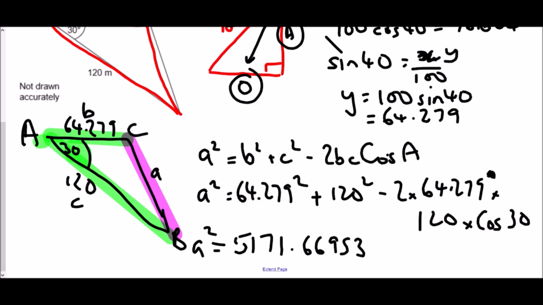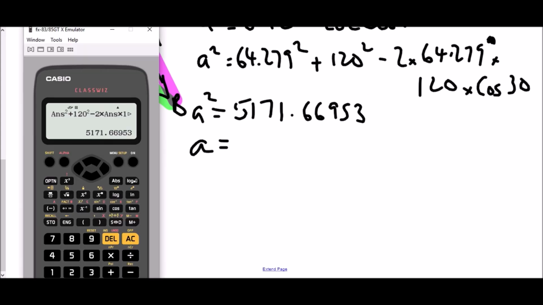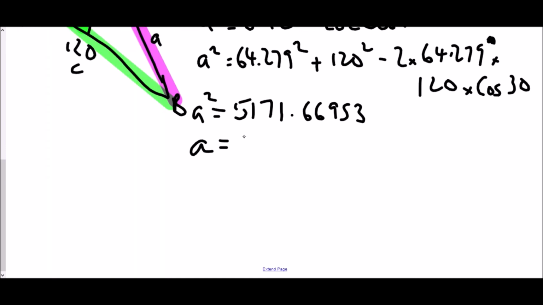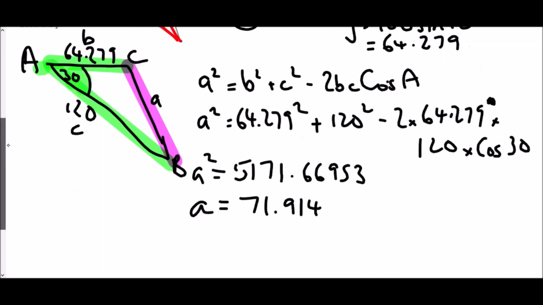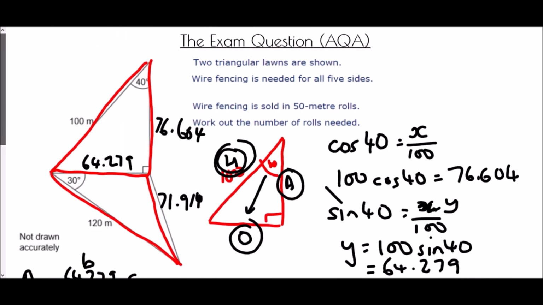We want just A, therefore we're going to have to square root that answer. That comes to 71.914. And so let's add that to our diagram, 71.914. Because if we are going to find how much fencing we need, then we're going to have to add together all of those answers.